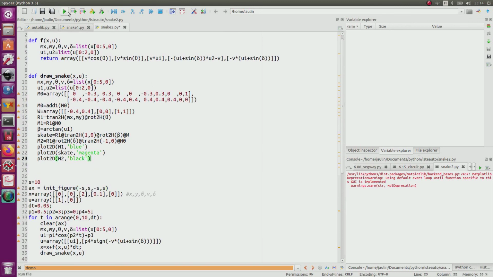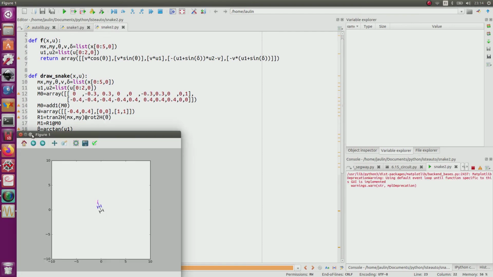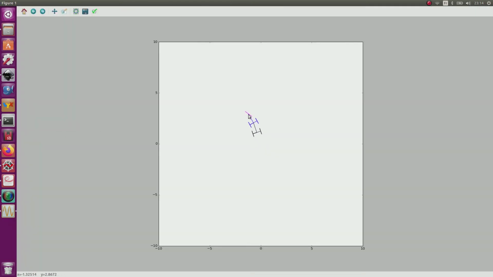I run the program, and I can see that indeed the front wheel oscillates, and I have some propulsion.